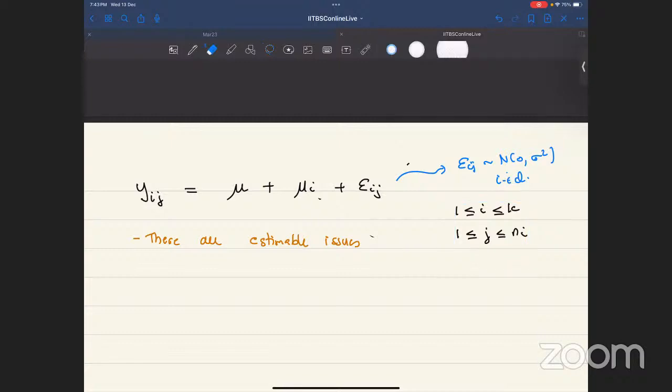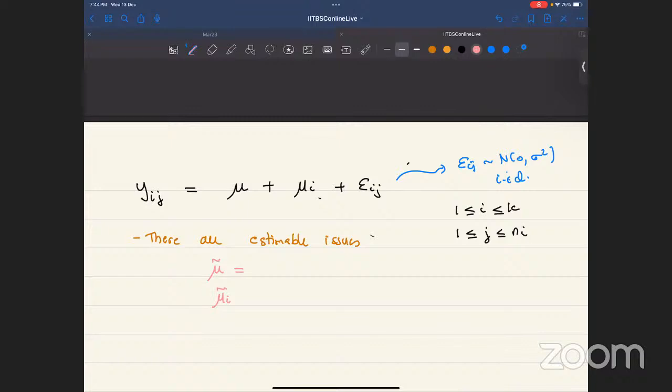I could always make a new model with a parameter space in which mu tilde is mu plus c, the old mu shifted, and mu_i tilde is mu_i minus c. So I added c to the overall mean, and subtracted it from the individual means.